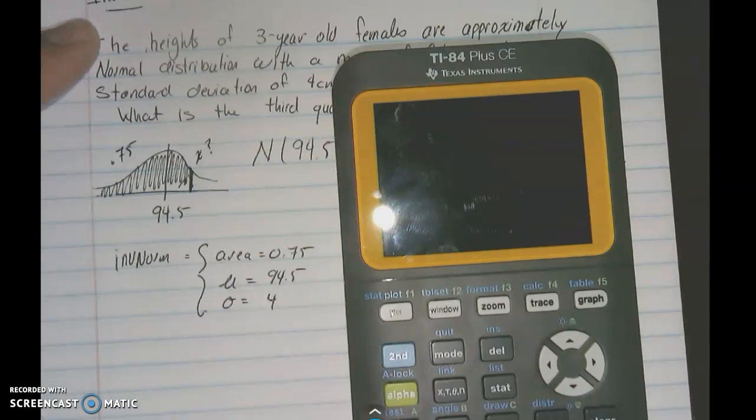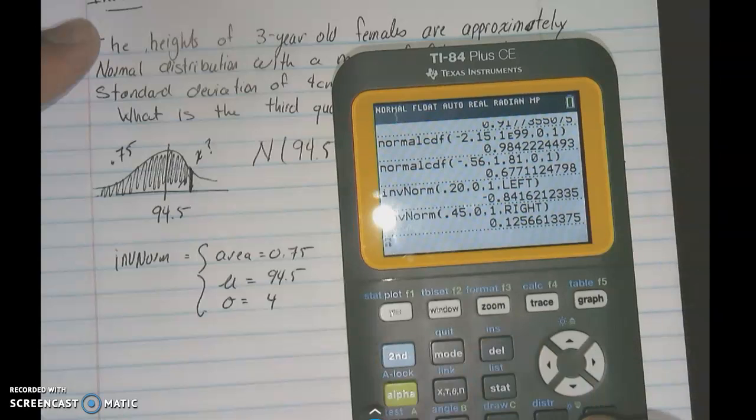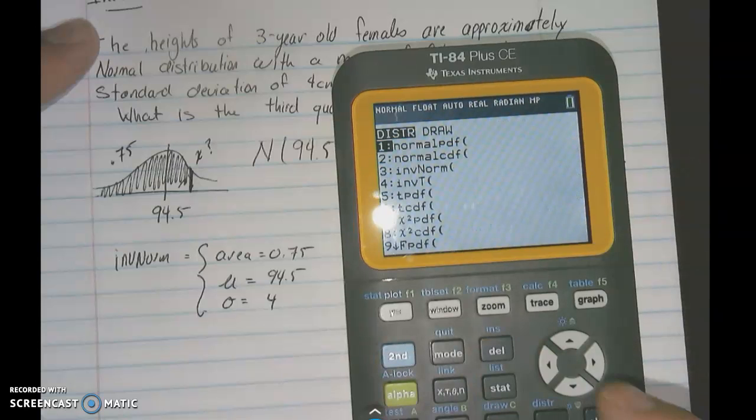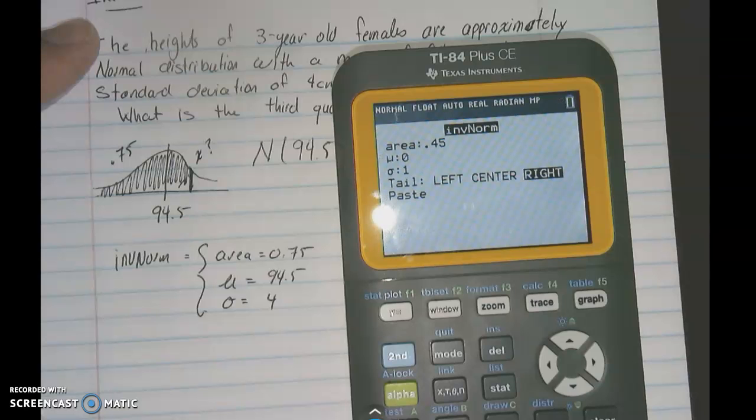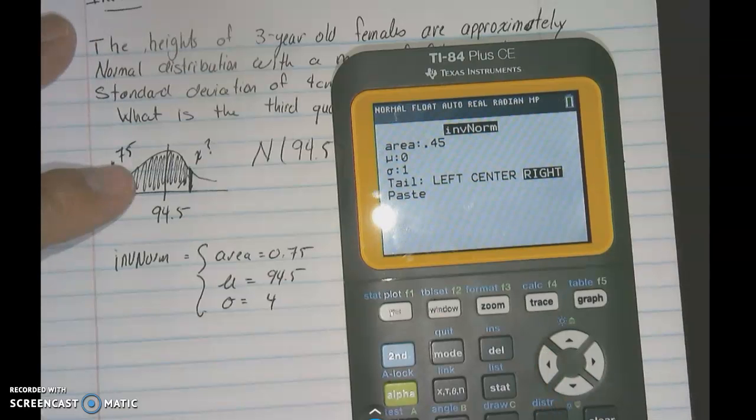So the inverse norm, second distribution, pulls that up. So we hit number 3, and then we're going to hit 0.75. Our mean is 94.5, standard deviation is 4, and it's a left tail test if you're using these calculators.